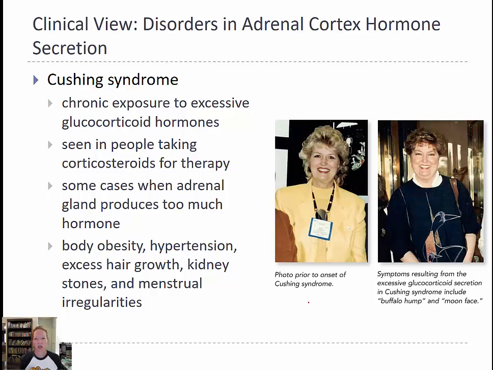One of the other signs or symptoms of Cushing syndrome is obesity. And it's mainly because the body's putting out all of these nutrients in the bloodstream. And if the body doesn't use those for cellular respiration, then it will typically store them as fat in the body. So that's why that can occur.